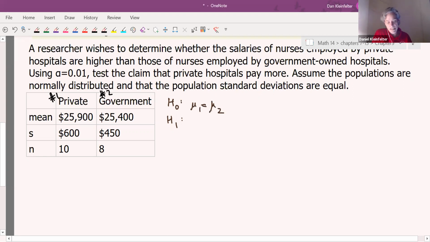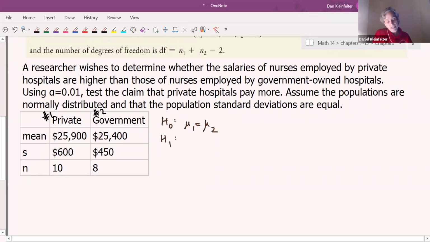So mu1 is equal to mu2. And then the claim is that private hospitals pay more. So private was population 1, and so the alternative will be that mu1 is bigger than mu2. Of course, if you set this the other way and made government number 1, then it'll be mu2 bigger than mu1.